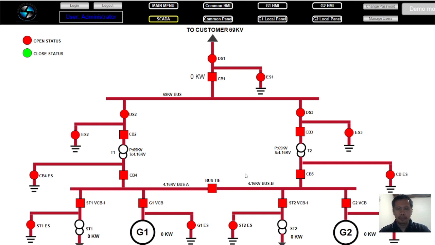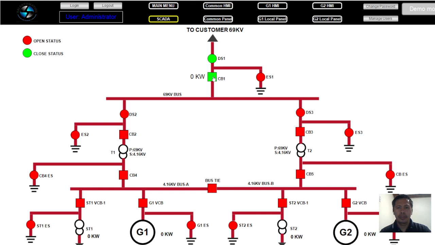So now we will close all the switches here, the disconnecting switches and the circuit breakers, so we can have the supply feeding power to the power plant. So here we will close this.